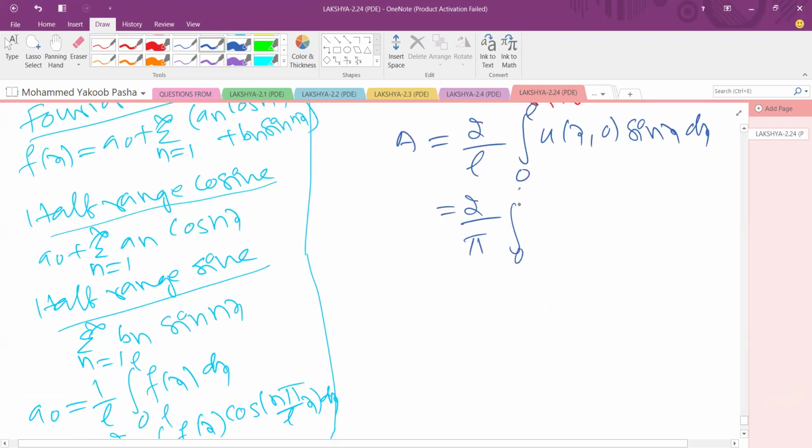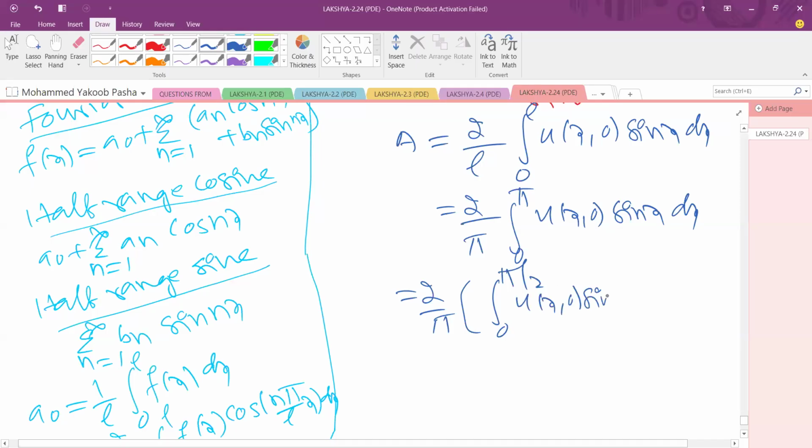Integral 0 to pi u of x comma 0 sin x into dx. So 2 by pi, we can split the integral: 0 to pi by 2 u of x comma 0 sin x into dx plus integral pi by 2 to pi u of x comma 0 into sin x dx.